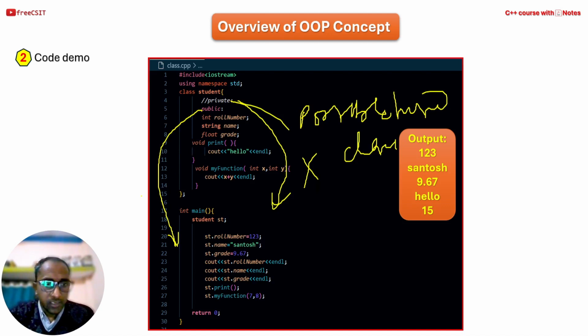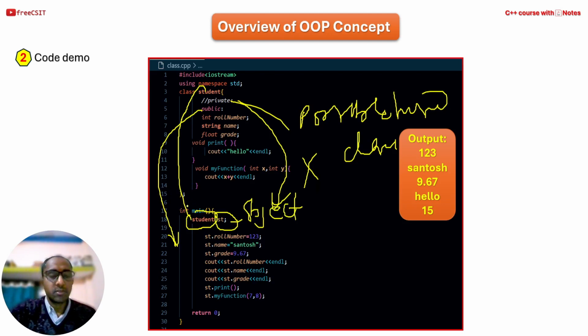Now student is the name of the class, and after student you create the name of the object. You can set any name as per your program, and after it you have to access the attributes and set the value.